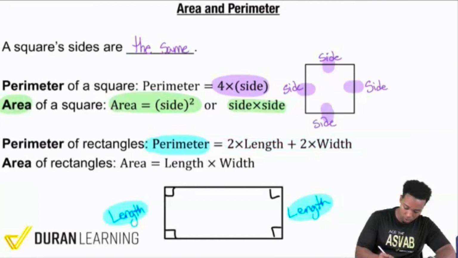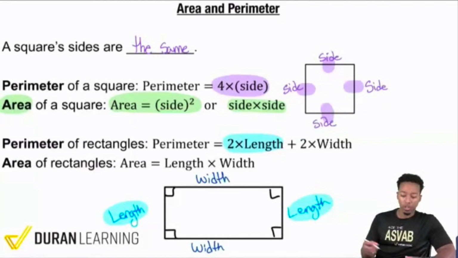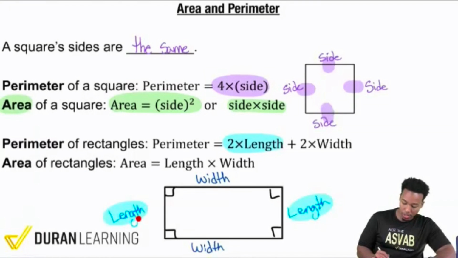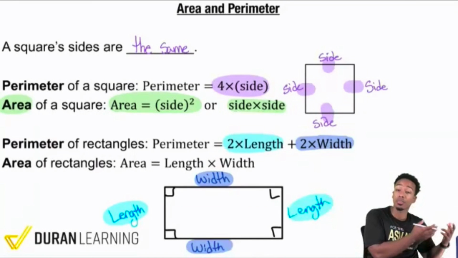Let me go ahead and just show this right here. 2 times the length. And then over here, we got 2 widths. 1 there, 1 there. So we're going to say, hey, length, length, width, and width. We have 2 of each of them. And so that's why you're going to see 2 times the length added with 2 times the width.